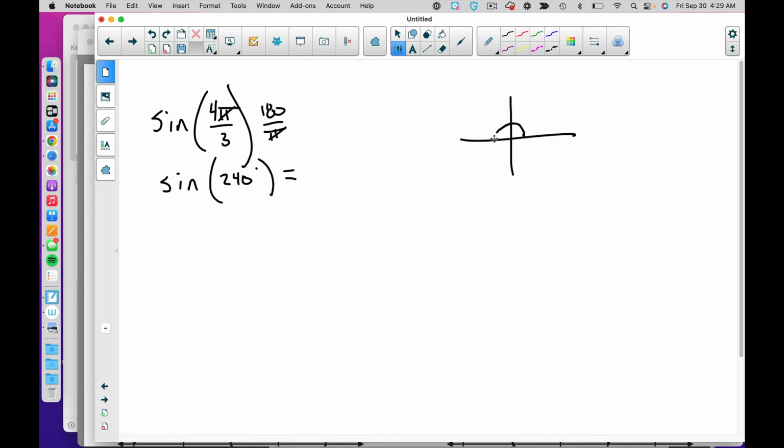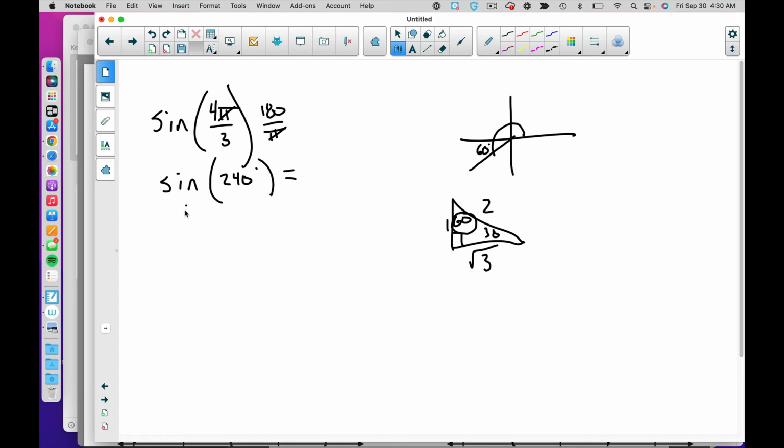This is 180. 240 is going to put me over in this quadrant, with a 60-degree angle. So my reference angle is going to be 60. So I go back to my triangle, 30, 60, 90, 1, 2, root 3. My reference is a 60.